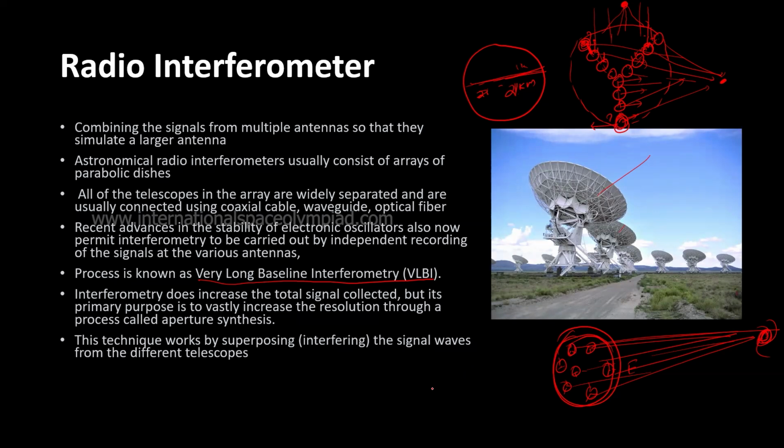That means if you have a single dish telescope like this, and I have another array of telescopes like this, both with the same diameter, both will have the same resolving power, but the brighter signal will be in the single dish, because we are losing signal from all the other area where the telescope is not present.